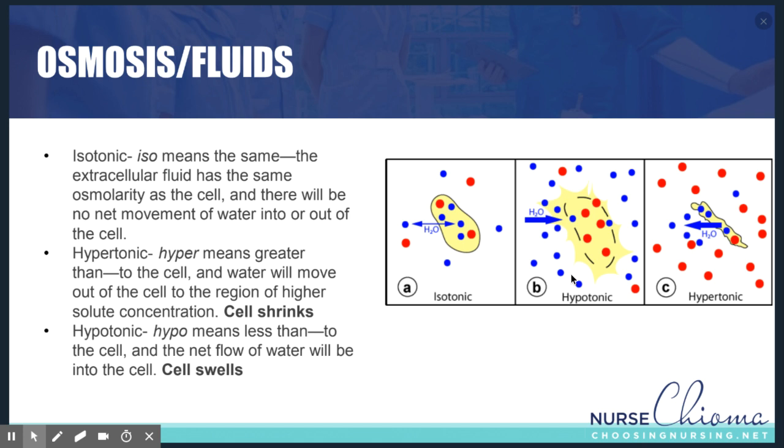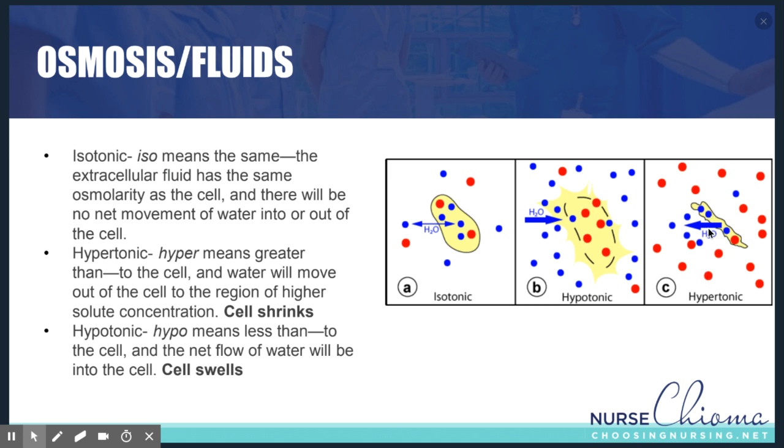Now with hypertonic, which is over here, this means greater than the cell. Water is moving outside the cell to the region of higher solute concentration. There's more solute outside of the cell with hypertonic.